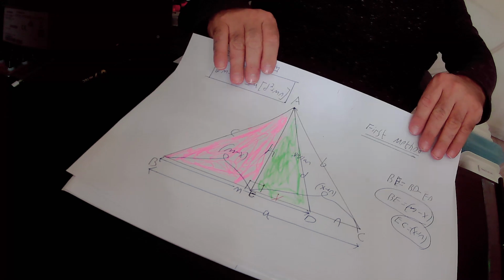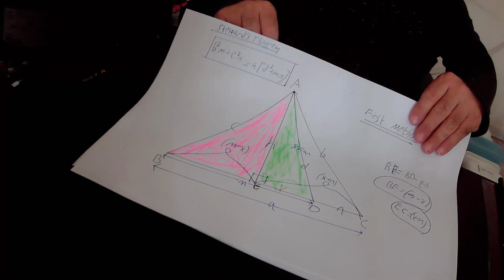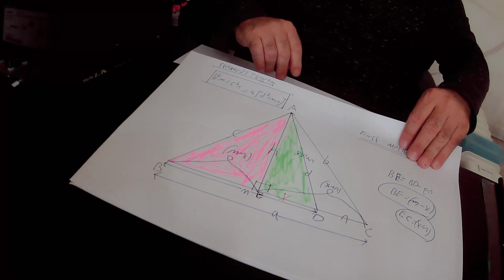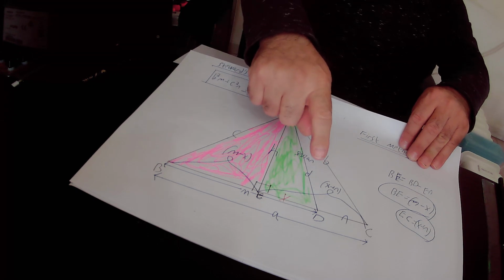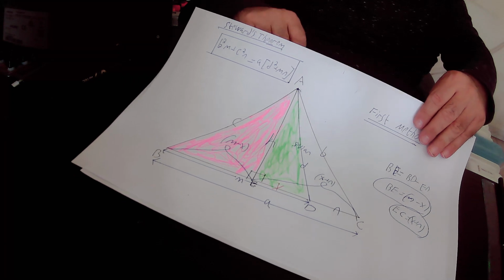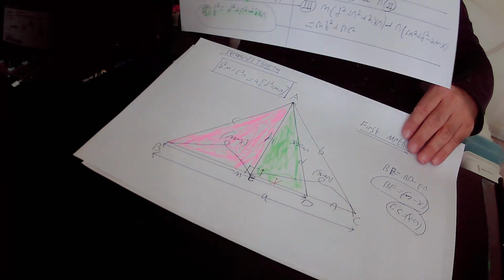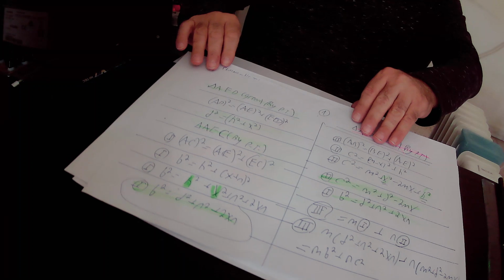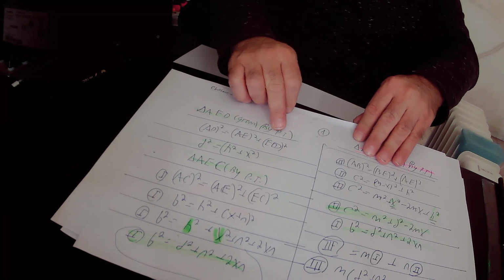According to the Pythagoras theorem, in the green right triangle AED, AD square equals AE square plus ED square.